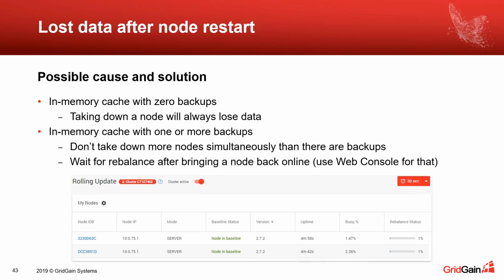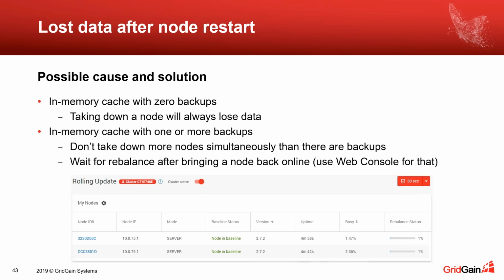By default, Ignite caches have 0 backup copies. It means that when you take down one node, you will lose the data that was on that node, and you don't have any backup copy in the cluster.